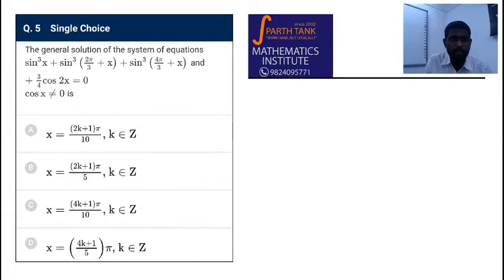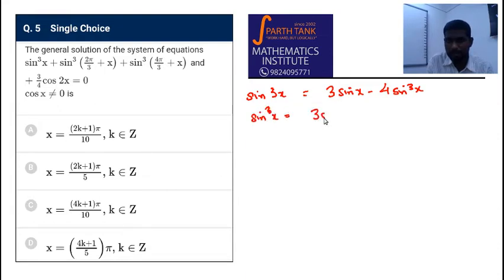Let us move on to question number 5. The general solution of this system of equation is, and cos x they said is not equal to 0, is what? Okay. So this whole thing, first of all, we'll simplify that sine cube x using the expression for sine 3x. We know sine 3x is 3 sine x minus 4 sine cube x, or sine cube x is 3 sine x minus sine 3x by 4.